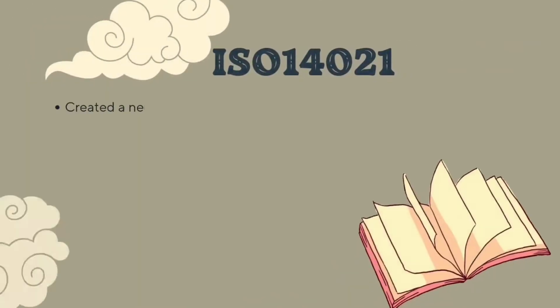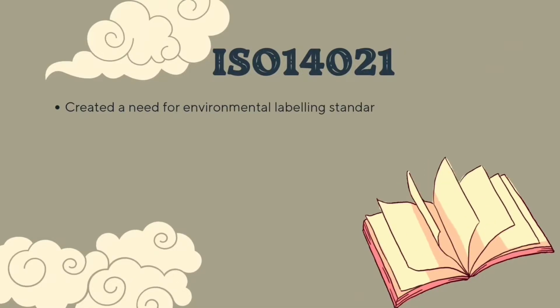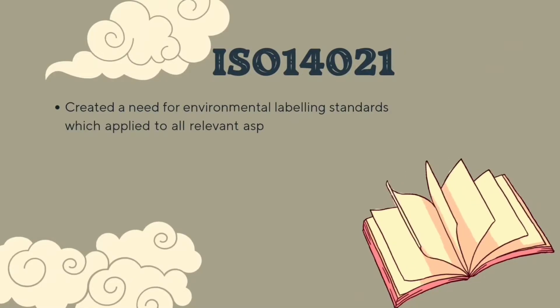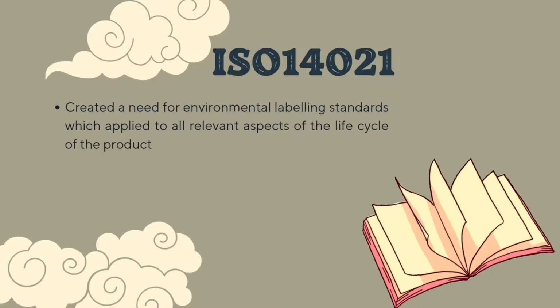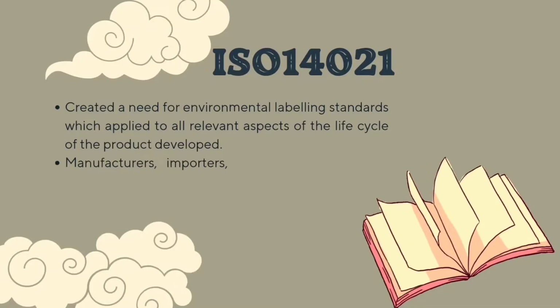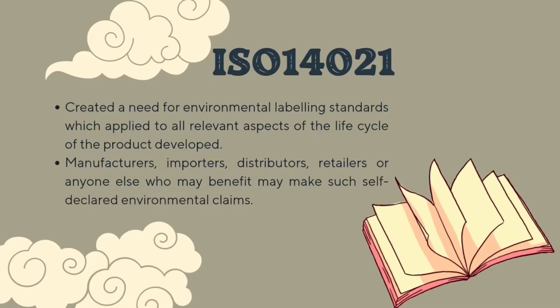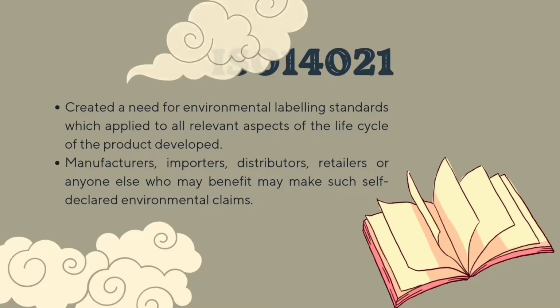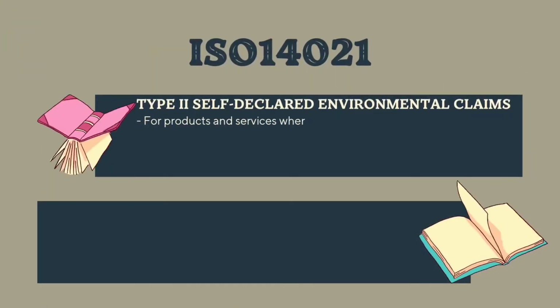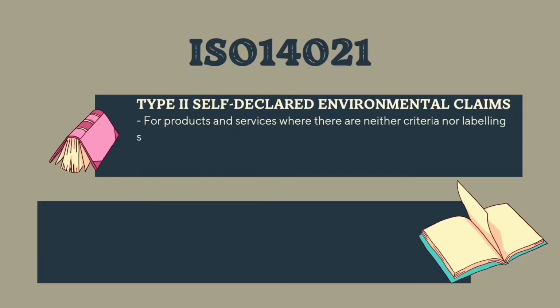Now, we are going to look at ISO 14021. ISO 14021 created a need for environmental labeling standards which apply to all relevant aspects of the life cycle of the product developed. The manufacturers, importers, distributors, retailers, or anyone else who may benefit may make such self-declared environmental claims. The Type 2 ecolabel is specially for products and services where there are neither criteria nor labeling schemes.